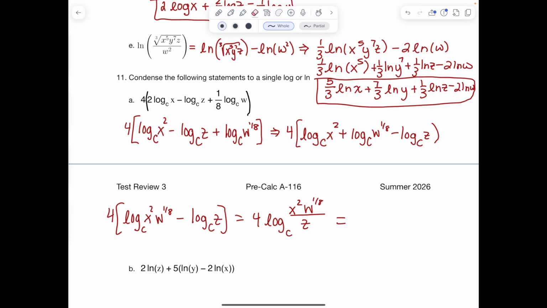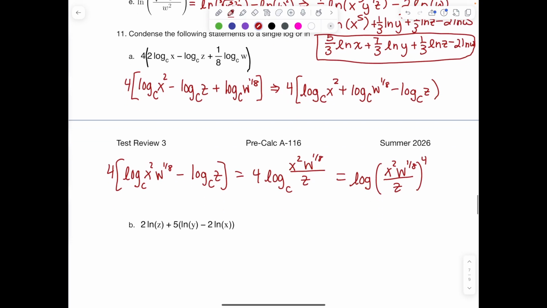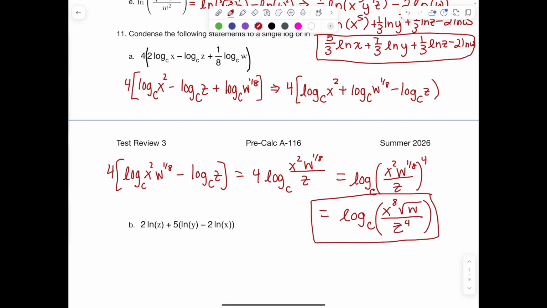And the last thing is I get log of x squared w to the 1/8 all over z, all to the 4th, and you can distribute that out and you'll get log base c. W to the 1/8 to the 4th is going to give me square root w, and then x, so we can write x to the 8th w square root w all over z to the 4th. So that's probably what you're going to want to use, this simplified answer.